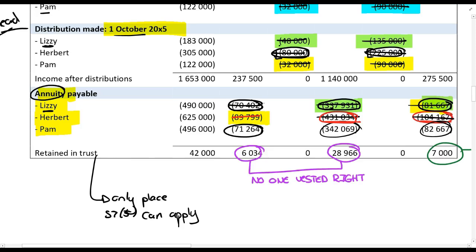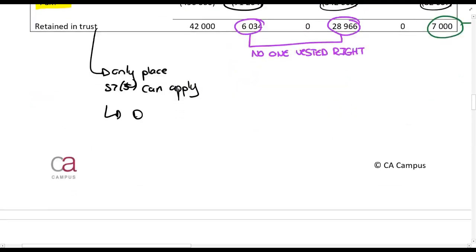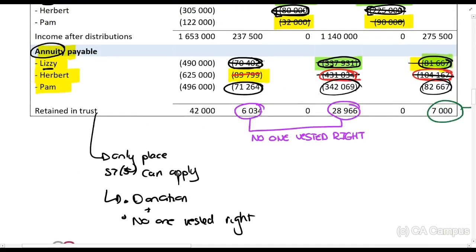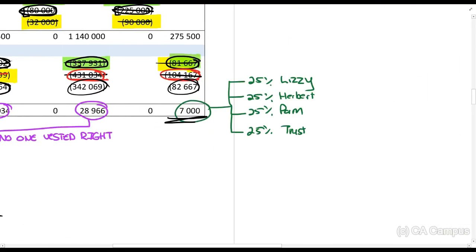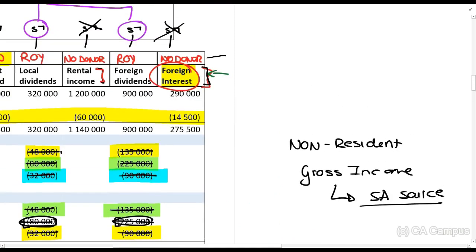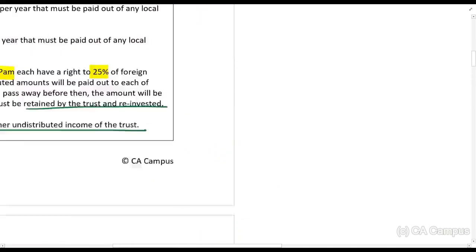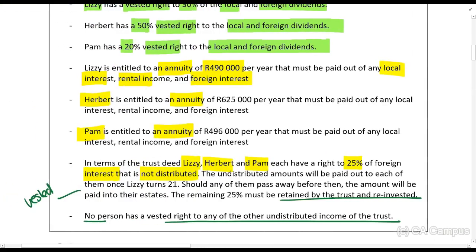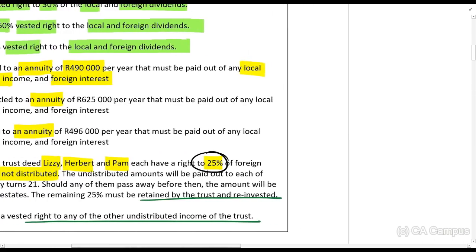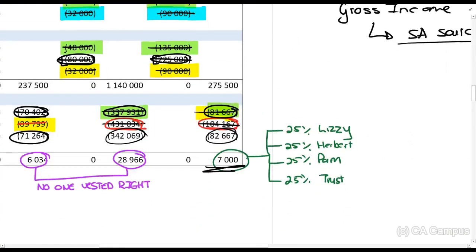And Section 7.5 applies if there is a donation plus no one with a vested right. Okay, so I'm going to start you with the 7,000 rands foreign interest. I'm going to remind you, they told you that each of the children have a vested right to 25% of it, and the remaining 25% that remains, no one has.